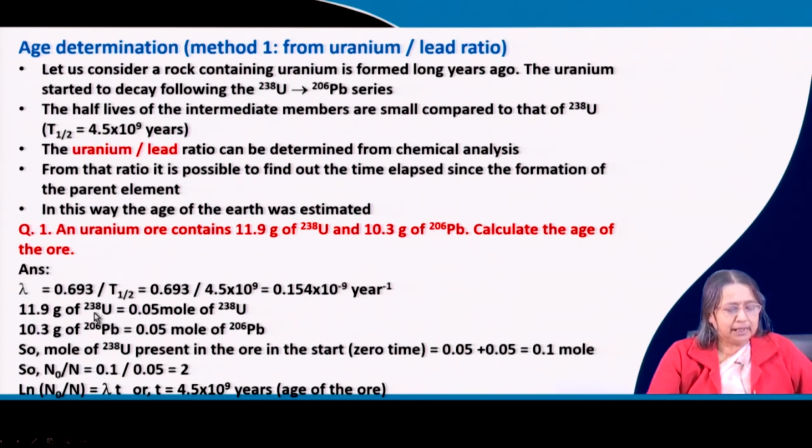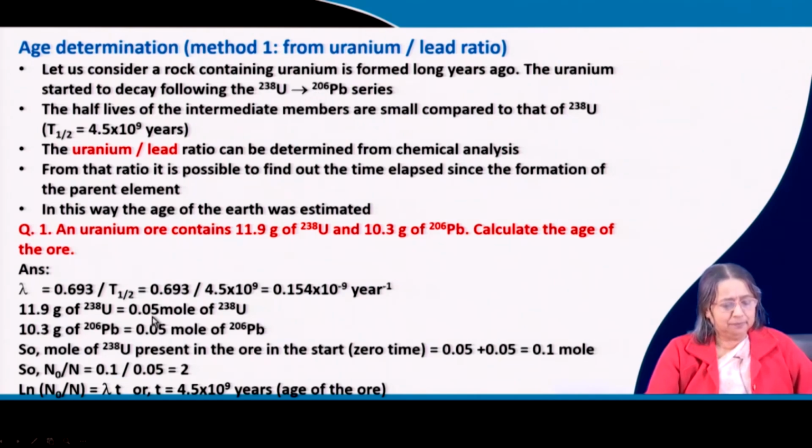Now, 11.9 gram of uranium 238 is present now. This is the present uranium amount, which is nothing but 0.05 mole, obtained by dividing by the molar mass. Lead at present is this much, giving this many moles. The moles of uranium in the ore at the start, at time 0, is what is present now plus the lead produced, because the stoichiometry is 1:1.